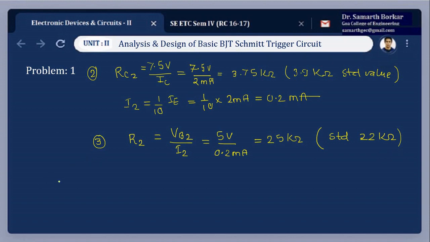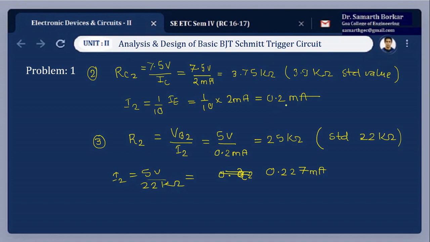Now what about I2? I2 will be 5 volts divided by 22 kilo ohms, which equals 0.227 milliamperes. Now why has this value changed? Instead of using 25k, we are making use of 22 kilo ohms, so I'm substituting that value to get the accurate value of I2.